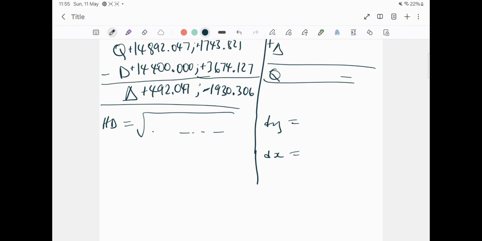It's 492,047 squared plus 1930,306 squared. Okay, 1947.